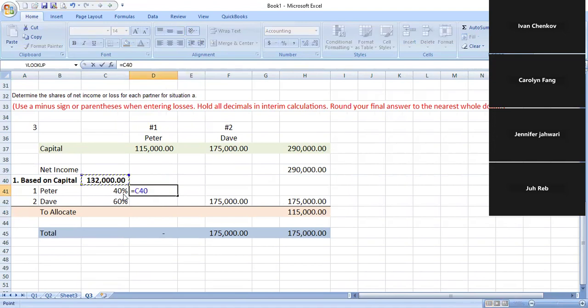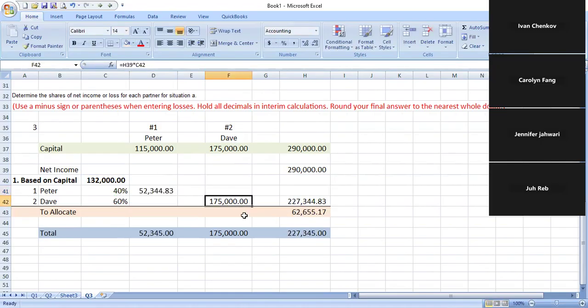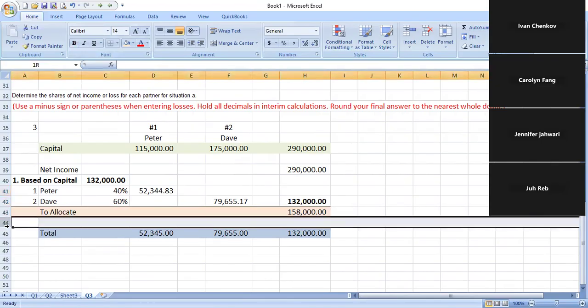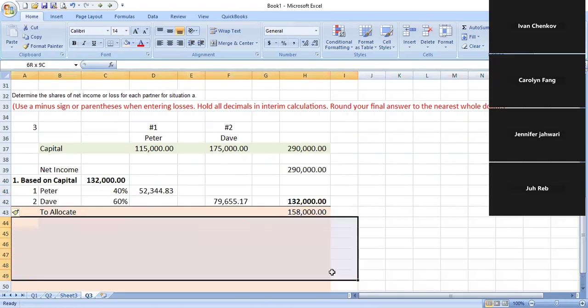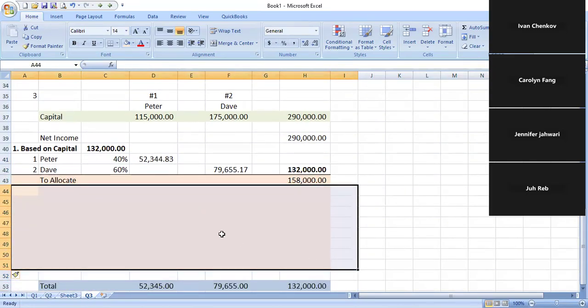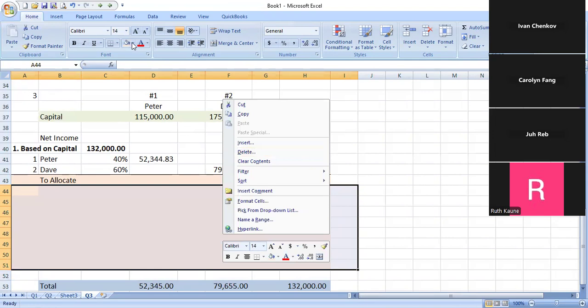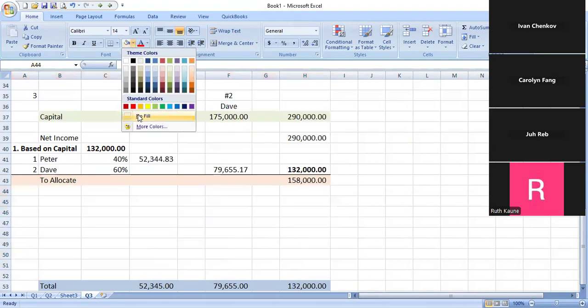So 132 times 40%, and the next person is going to get 132 times 60%. And we get 132,000, which is exactly how much we need to allocate, correct? Are you guys with me? Yeah. Any questions at this point?